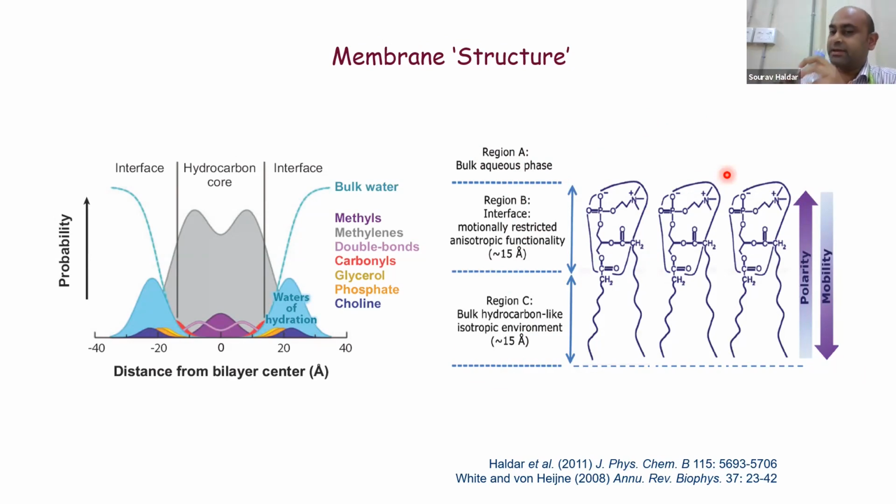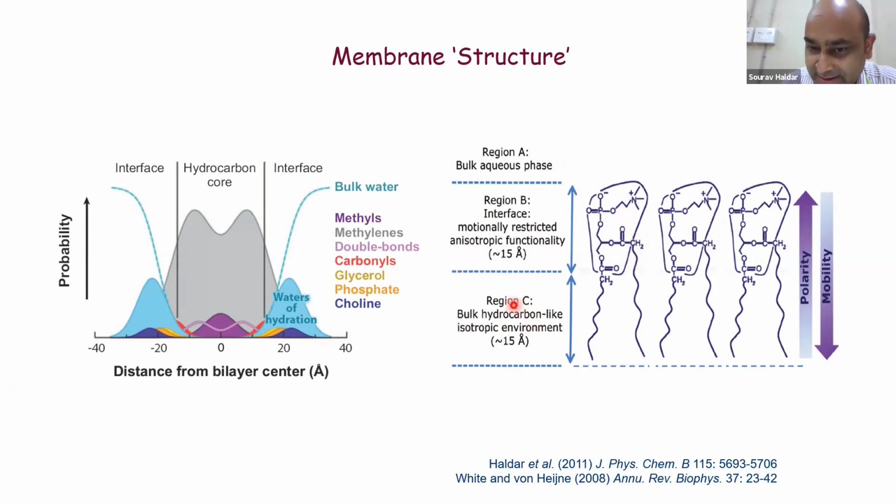Then we have region B, known as the interface, which is basically the functional unit of the membrane, because most of the biochemistry happens in the interface, whether it is organization of membrane protein or partitioning of membrane active molecules or drugs. So this is a very happening space in the membrane.